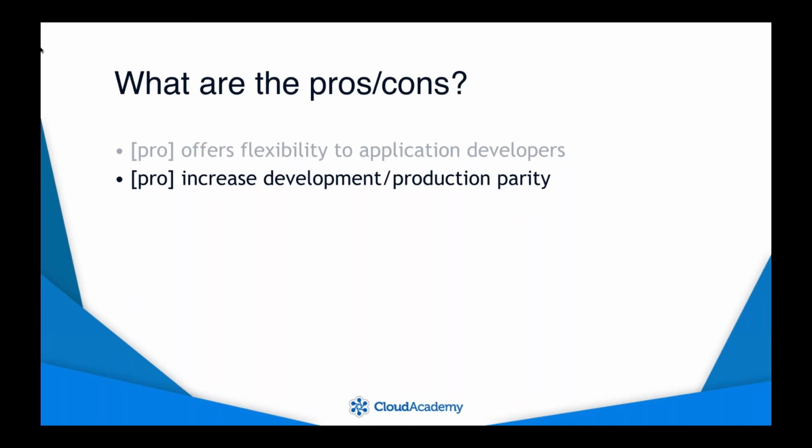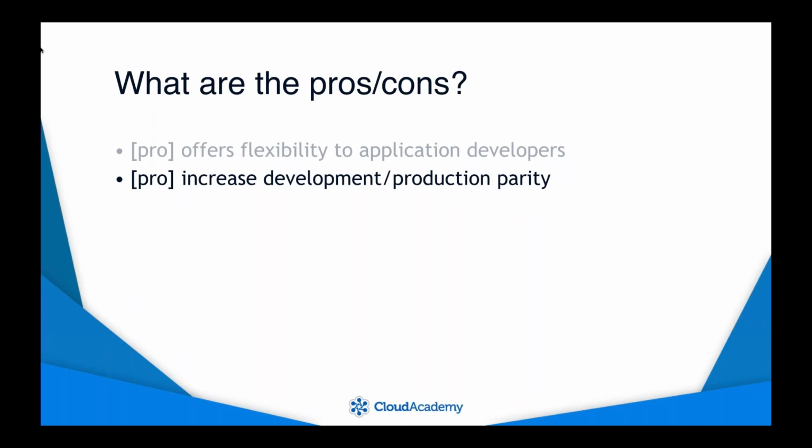So I want to make the point here that by using Docker, you'll be able to increase the development and production parity, depending on what your particular process looks like and the requirements that you have. At a minimum, if you're using the same images in development and production, you'll have a higher level of parity.